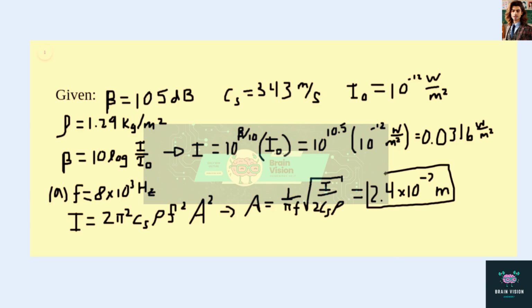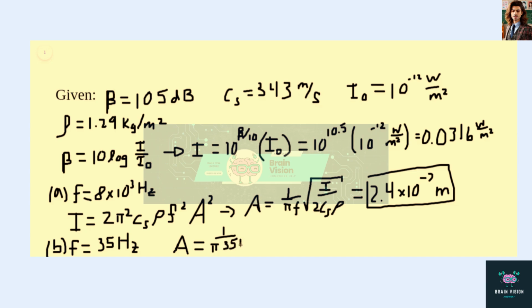Now for B, it says, what if we have a frequency equal to 35 hertz. Well, we're going to use the exact same equation as above. So A is equal to the same thing, except now we have 35 hertz. We'll just write it all out this time.